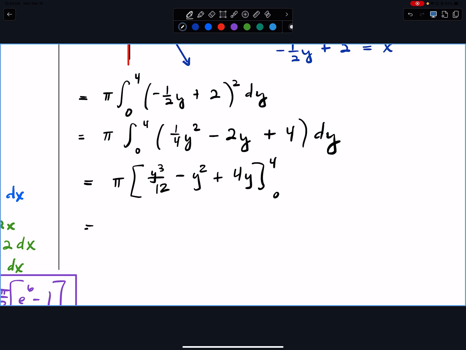So this is going to be pi times, if I plug in 4, 4 cubed is 64 over 12, minus 16 plus 16. What happens to these? They cancel.